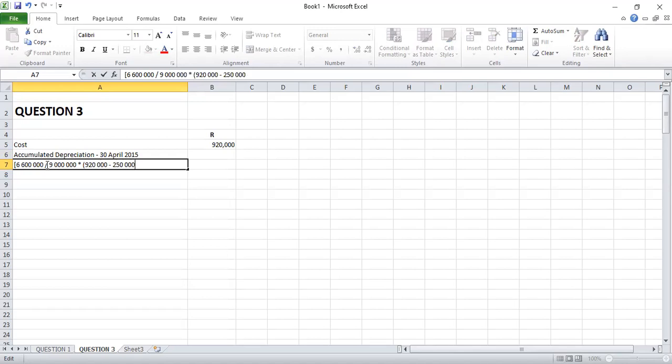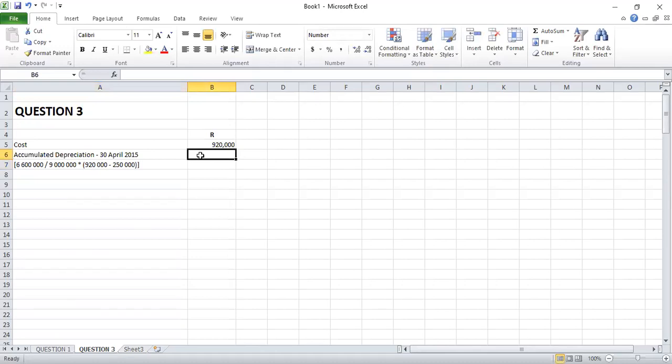And remember that if they are using the units of production method, we don't mind about the months. When was it bought, like for how many months it was used, we don't consider that. Right, what do we get? 491,333. Yes.